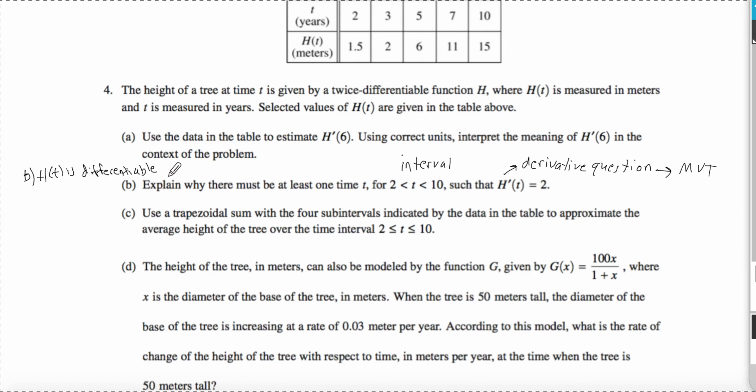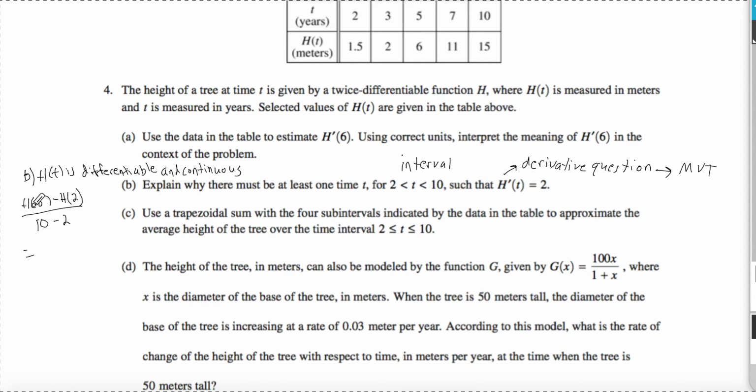So I have to state that differentiable and continuous. Differentiability implies continuity though, but we should write out h of t is differentiable and continuous. Then, if that's true, now I can find my average rate of change. I can find the slope of the secant line across 2 to 10. So that means I need to find h of 10 minus h of 2 over 10 minus 2.